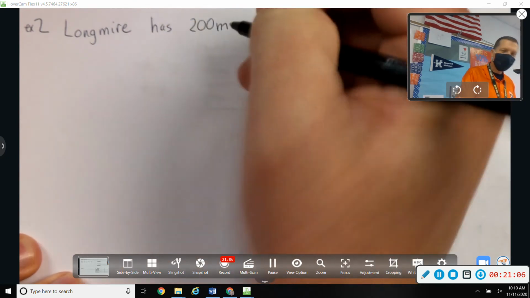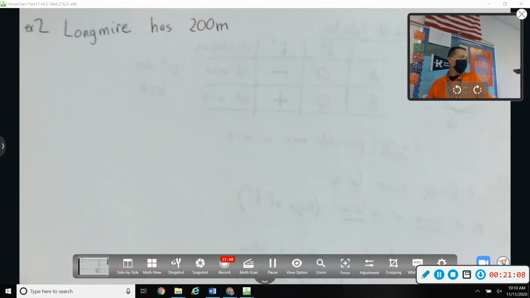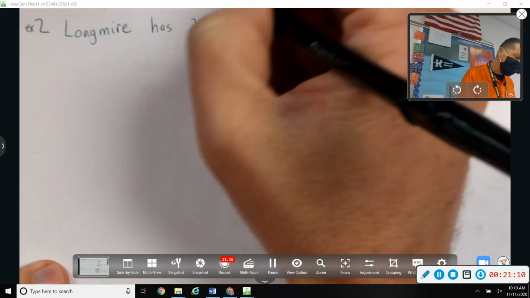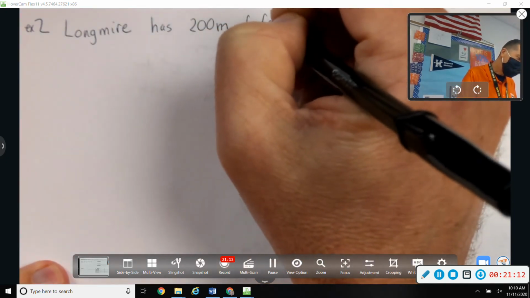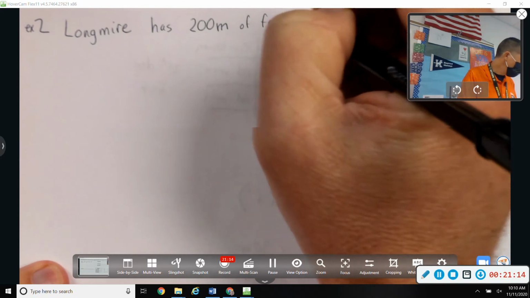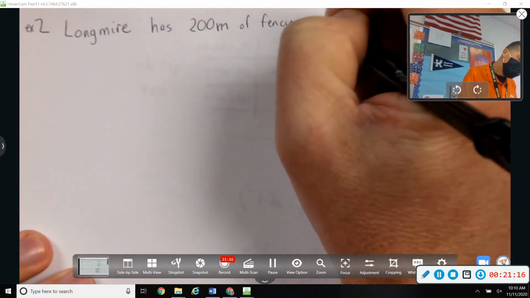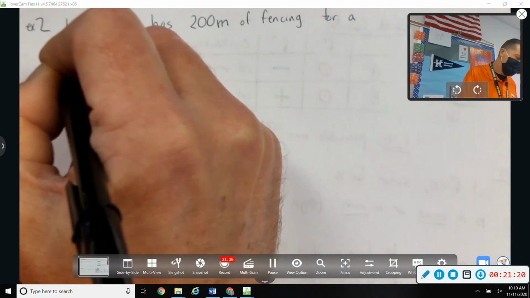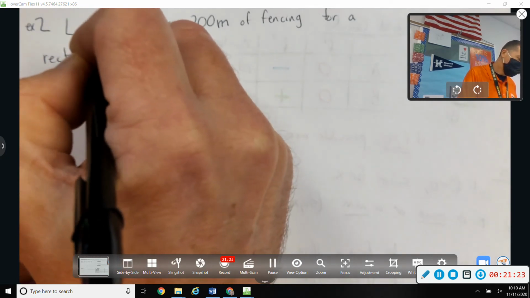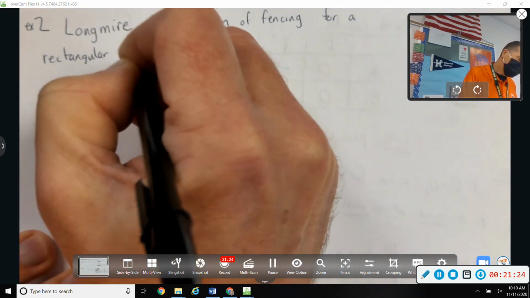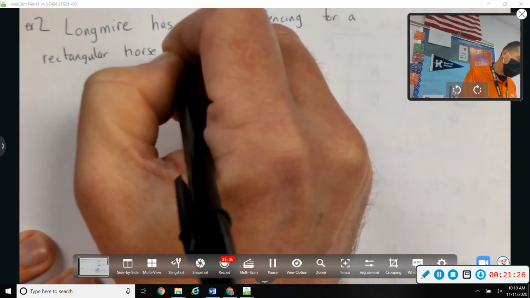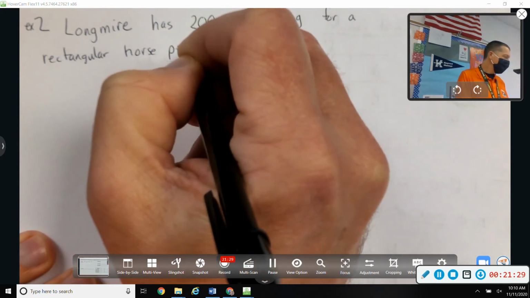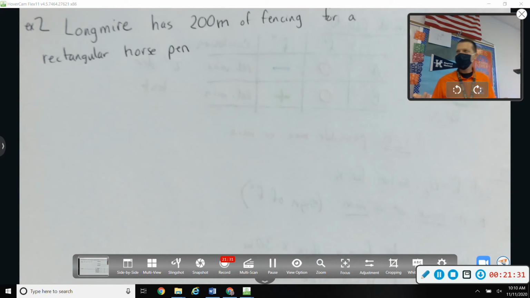Without Longmire, though. Longmire has 200 meters of fencing for a rectangular horse pen. Because, of course, he's a sheriff out west. He used to build a pen for his horses.